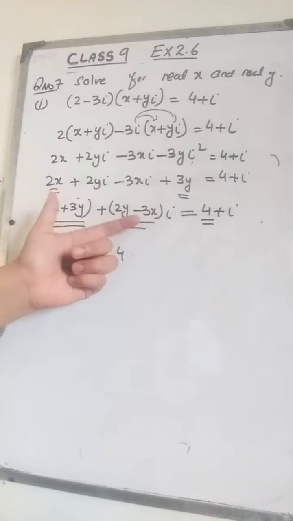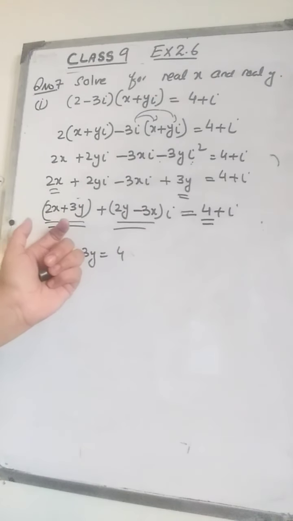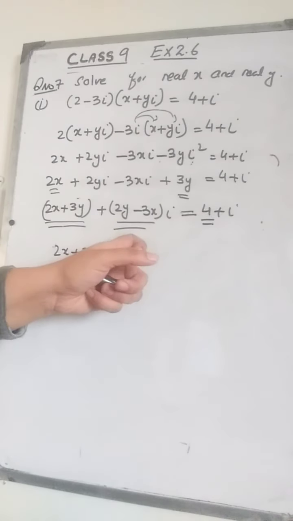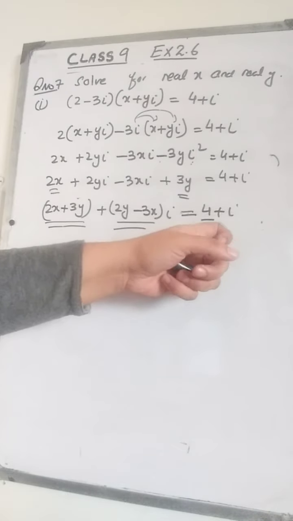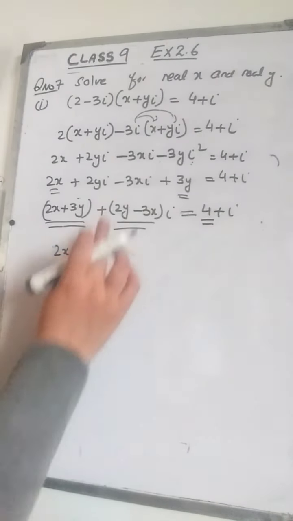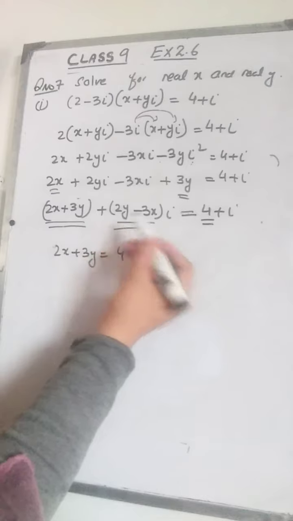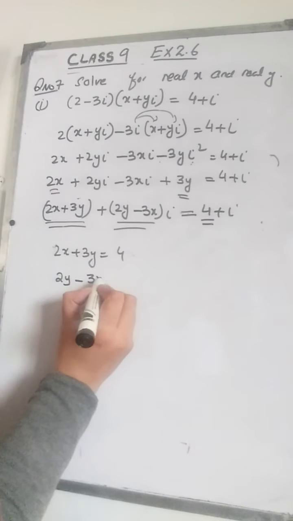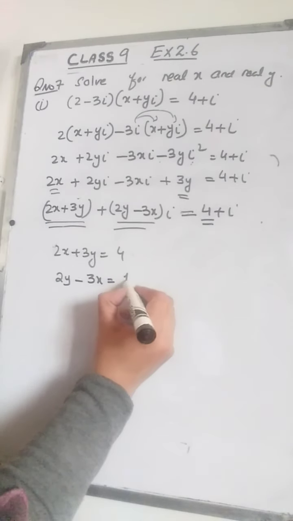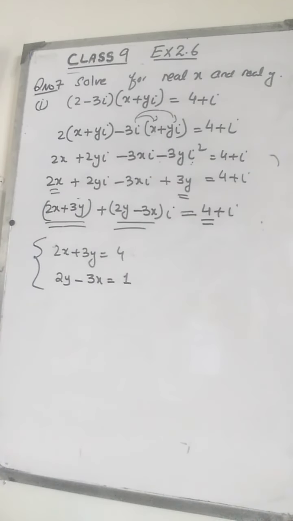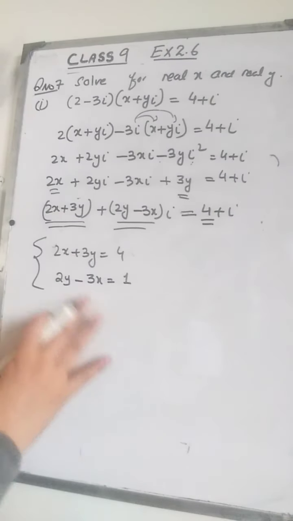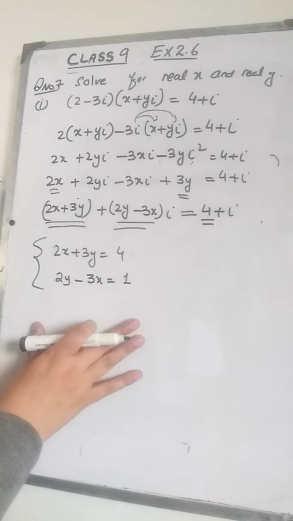Then the real part of one will be equal to the real part of the other, and the imaginary parts will be equal too. Equating the imaginary parts, we get 2y minus 3x is equal to 1. These are two equations which we solve simultaneously to get x and y, and obviously they will have real values because we have no iotas here.